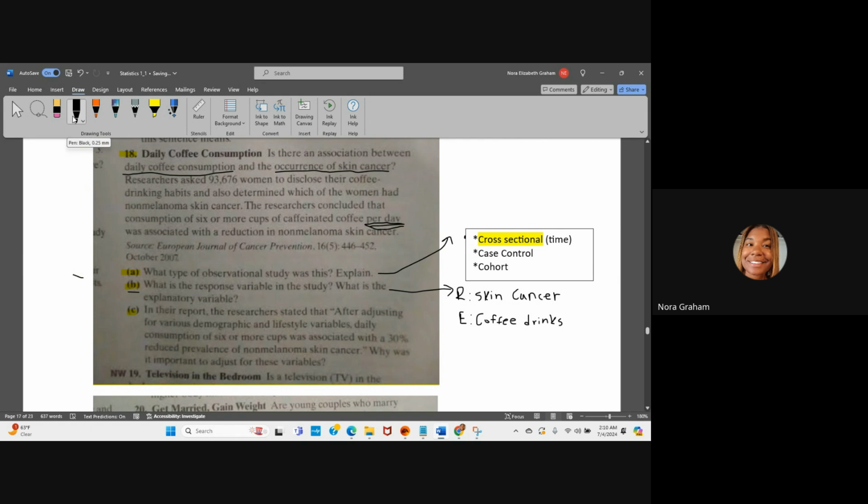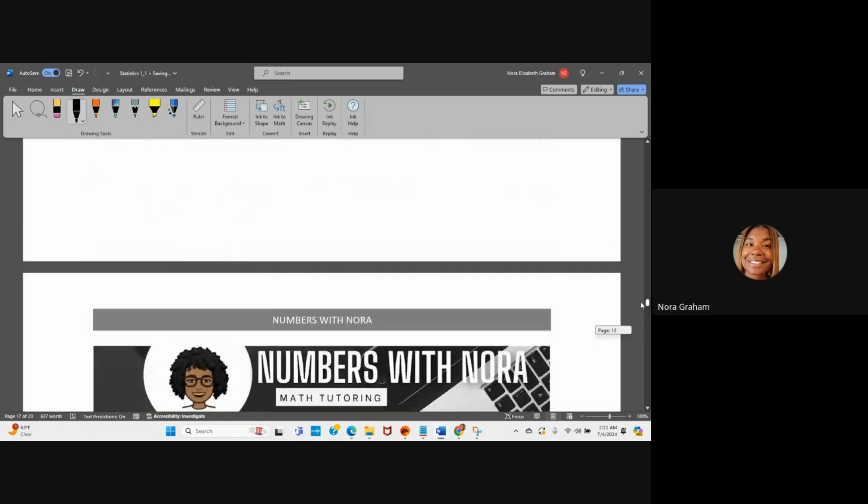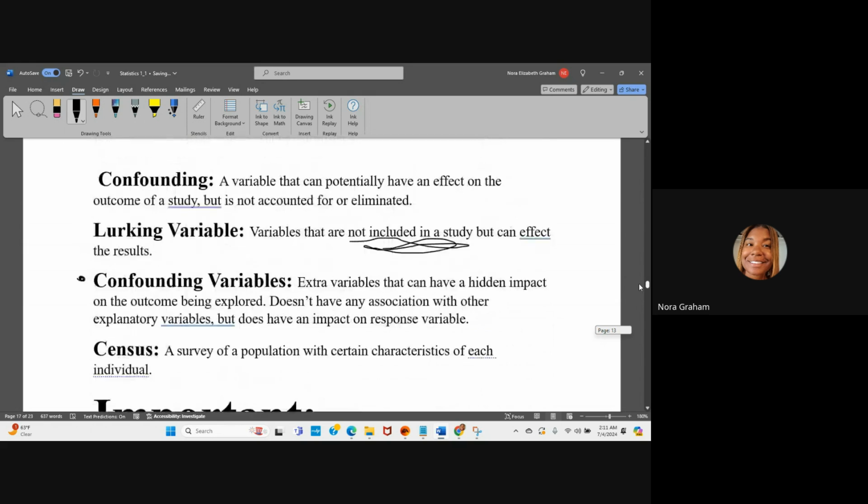Basically, adjusting for variables that may not have been considered. Again, in my last video, I told you about variables like these that may not be considered in your study, but may be important for your study. And these two types of variables are going to be confounding variables and lurking variables.